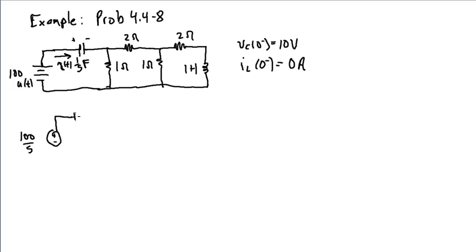My capacitive impedance, C is equal to 1/5, so 1 over sC will actually be 5 over s. And then due to the initial voltage across the capacitor, I have to include a series voltage source of 10 over s.